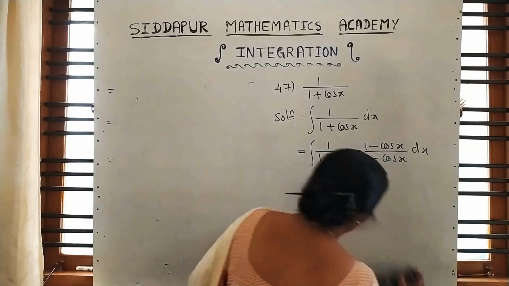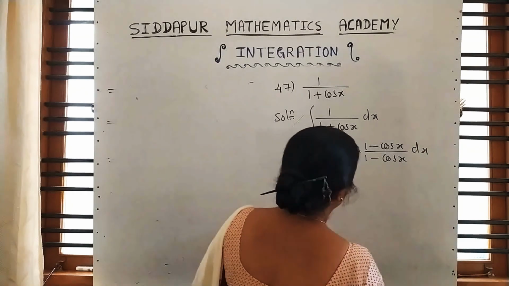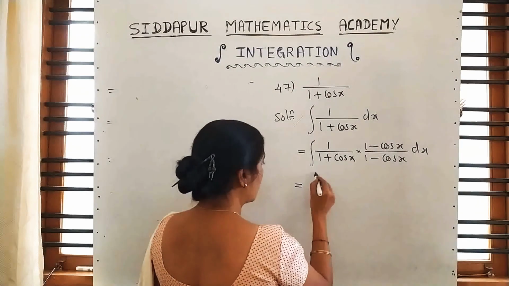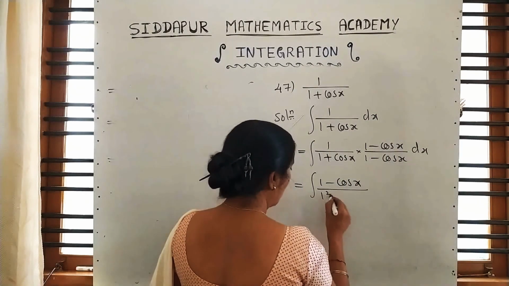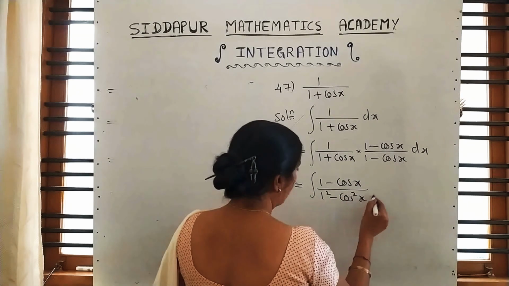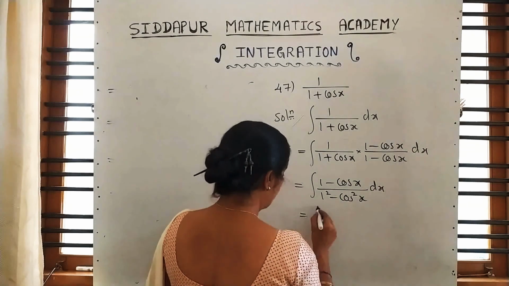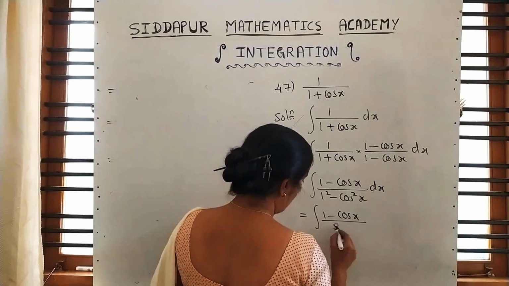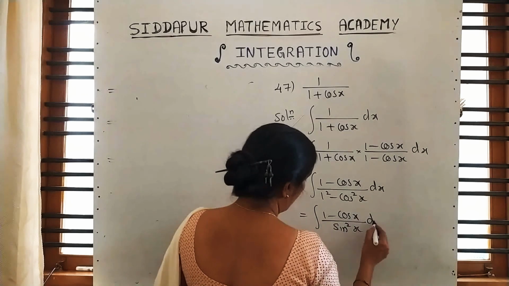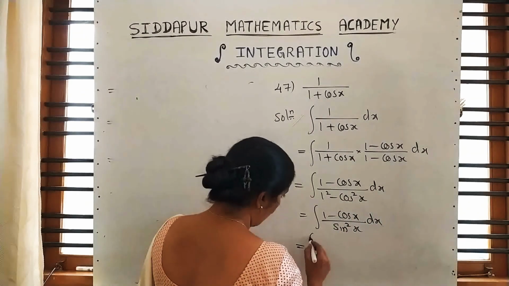So numerator will be as this. Denominator is what? A plus b, a minus b. A square minus b square. 1 minus cos square x is sin square x. Exactly similar to previous sum.